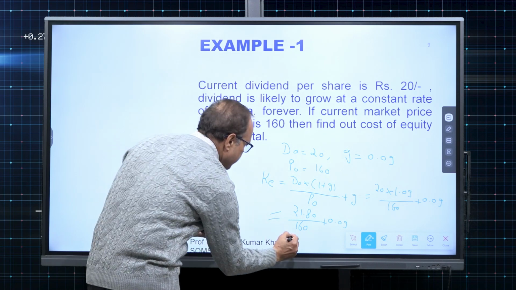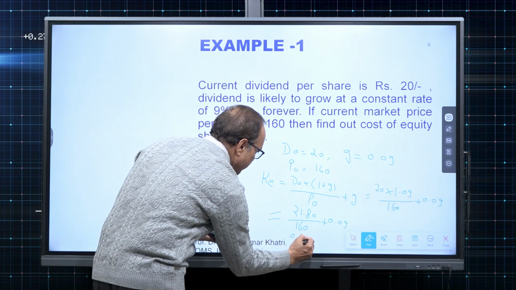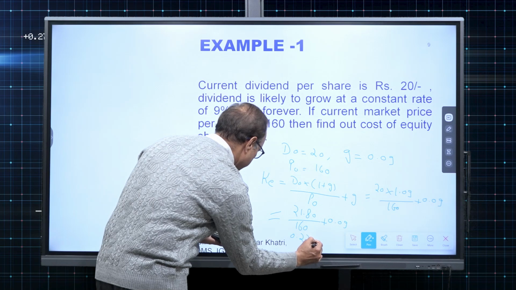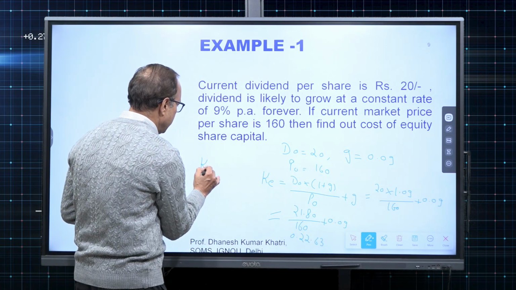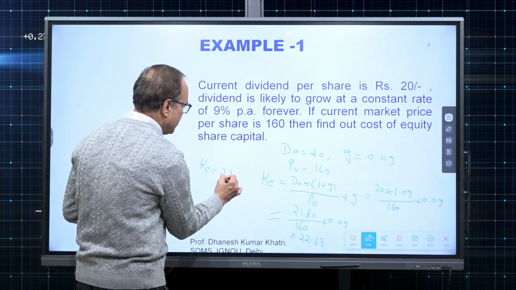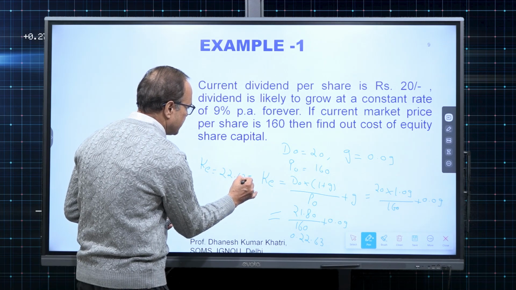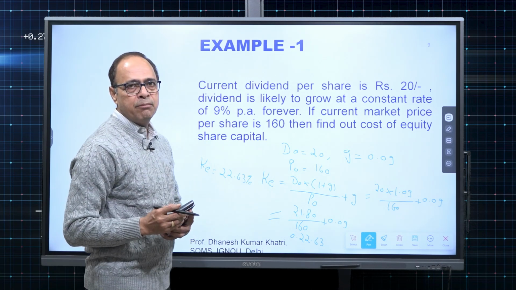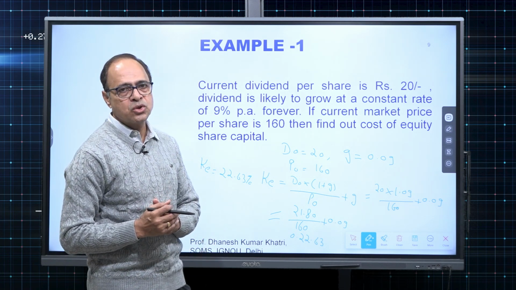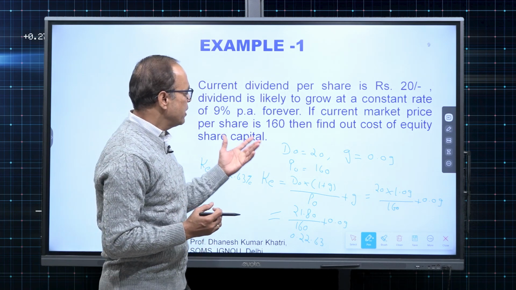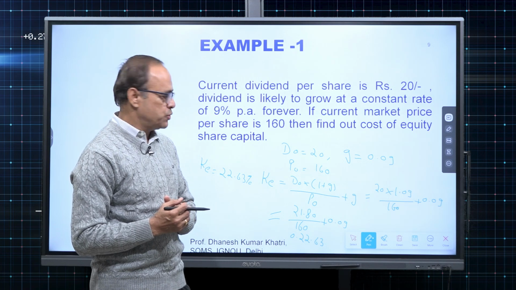So we get an answer of 0.2263, that is, the cost of equity in this case is 22.63%. So that is how, by using this handy formula, we can calculate the cost of equity capital by using the dividend capitalization approach.